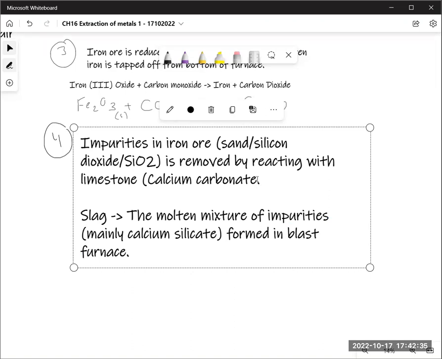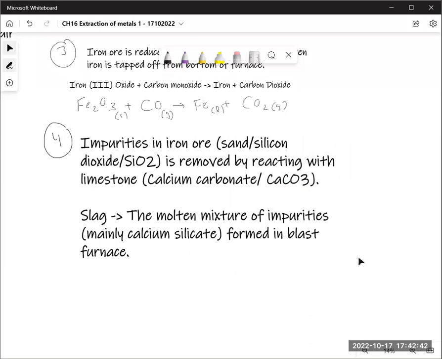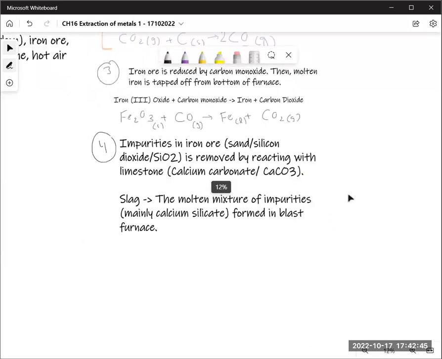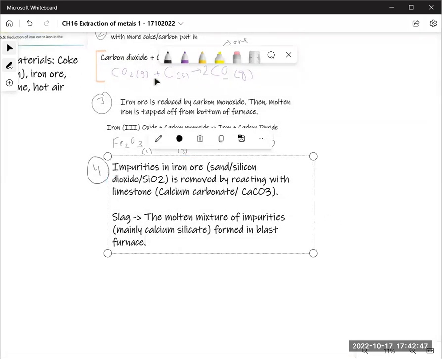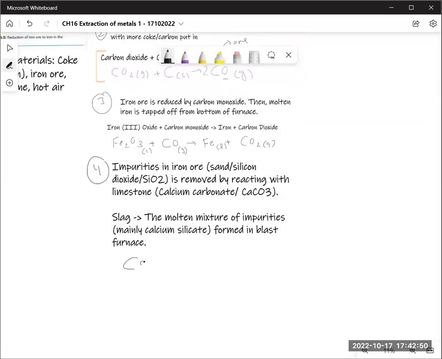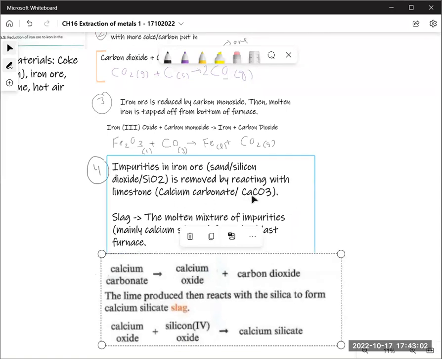Now Diana, read the fourth point one more time, from the beginning. Impurities in iron ore are sand, silicon dioxide, is removed by reacting with limestone, calcium carbonate. Limestone is called calcium carbonate, also called CaCO3. Sand is the same as silicon dioxide, which is also called SiO2.